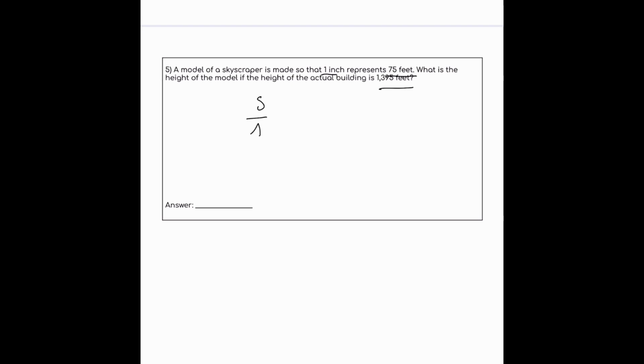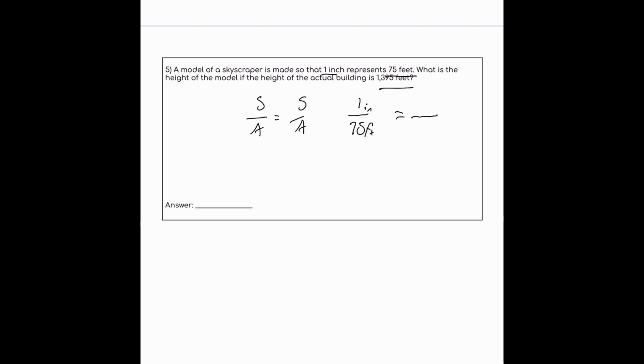So scale over actual equals scale over actual. In this case, 1 inch over 75 feet equals the height of the model. What is the height of the model if the height of the actual building is 1,395 feet?